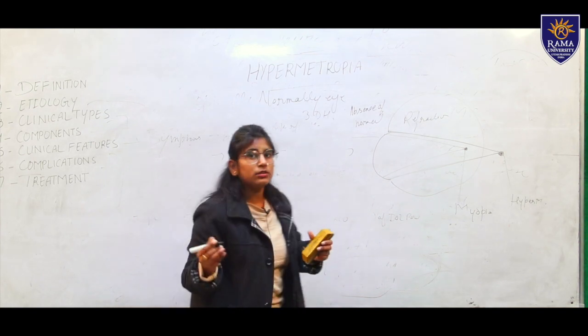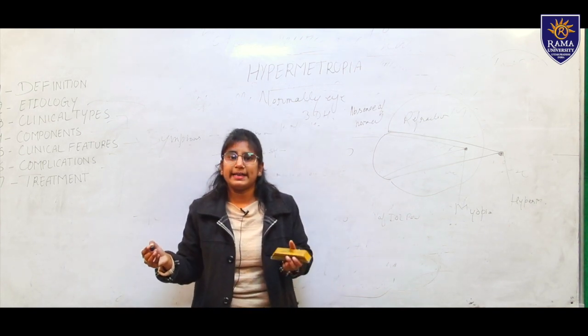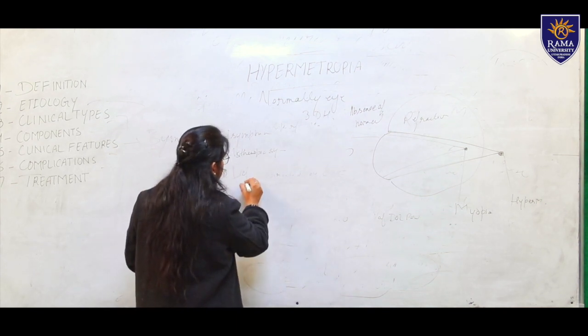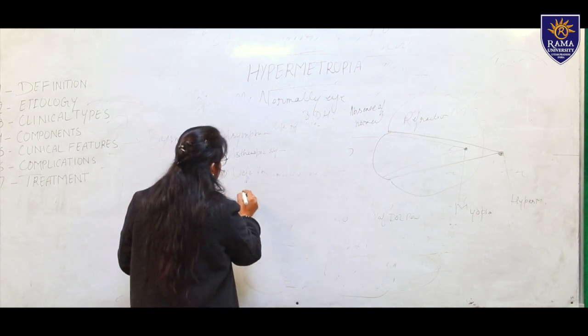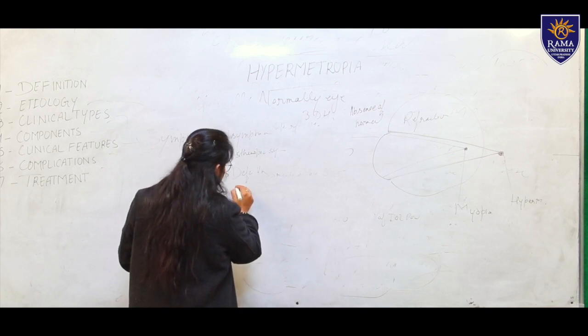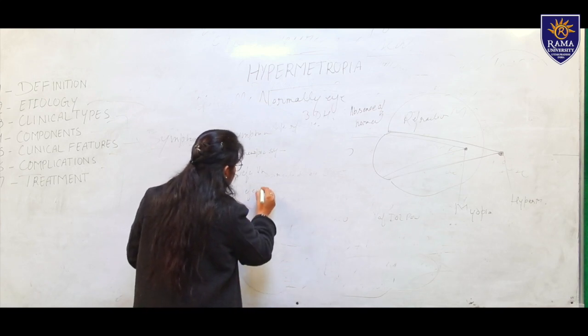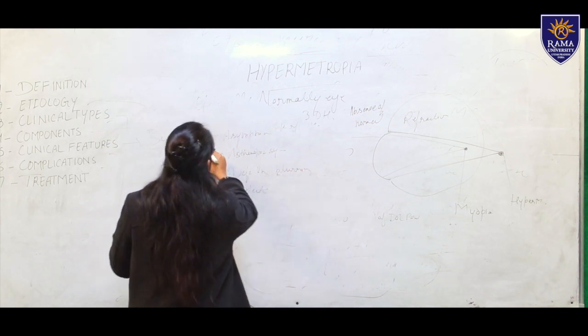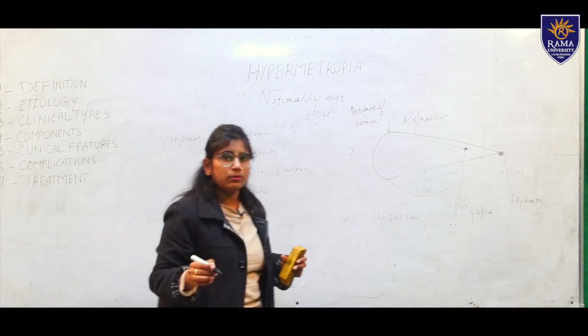Asthenopic symptoms include tiredness, fatigue, watering, itching, blurring, and defective vision. These are all symptoms of hypermetropia.